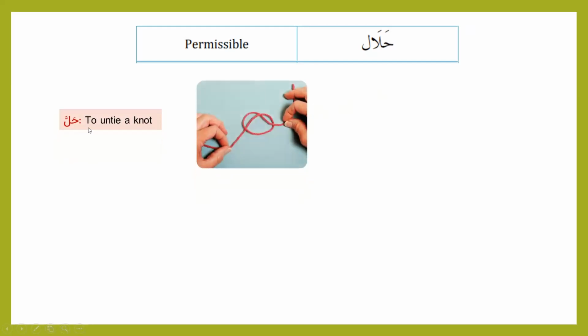What is the translation of wahlul uqdatam min lisani? Hazrat Musa said, Ya Allah, uqda, yeah, halla, to untie a knot. To untie a knot is called halla.